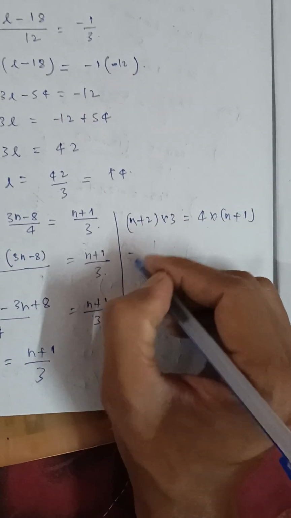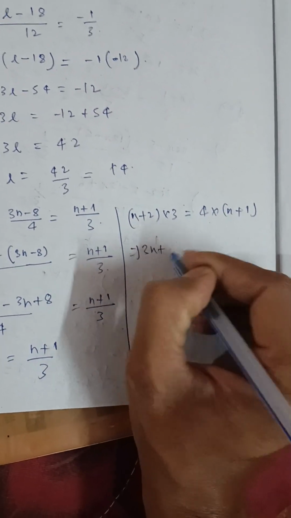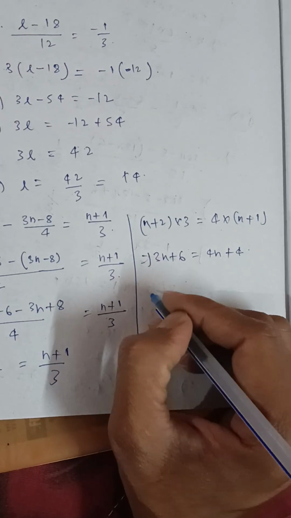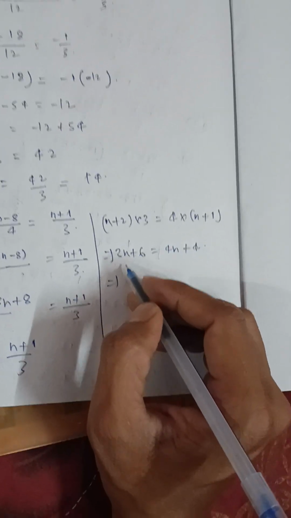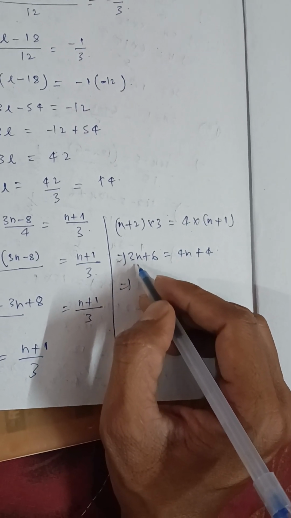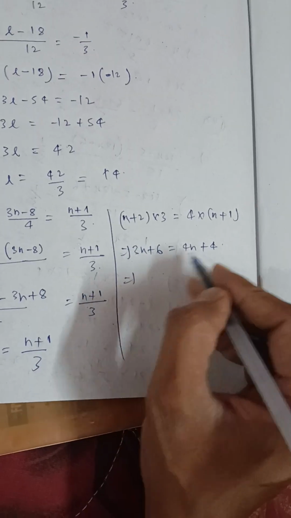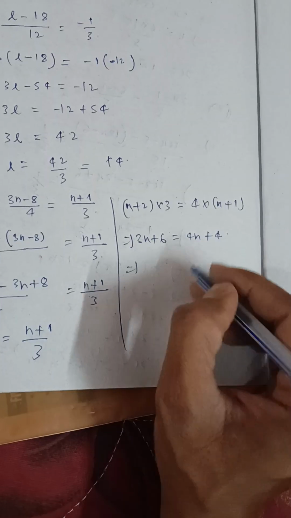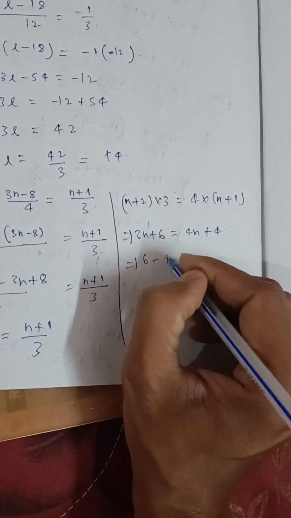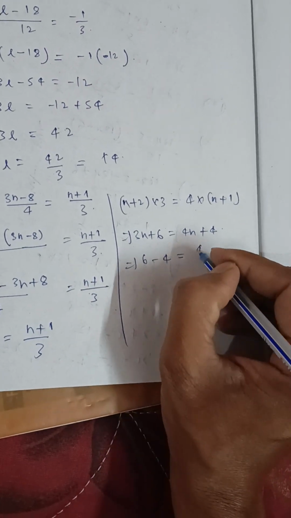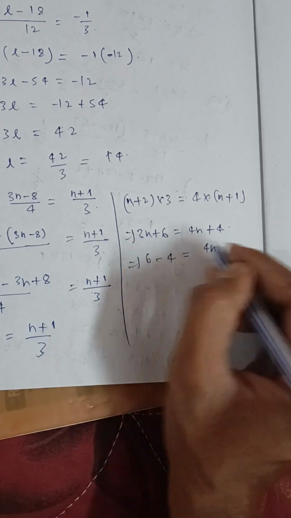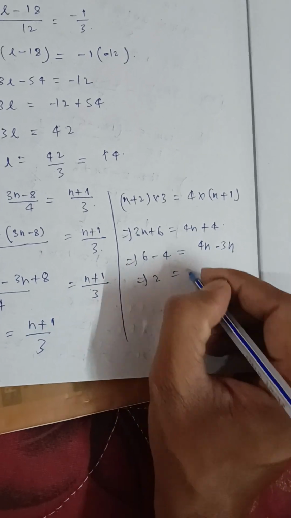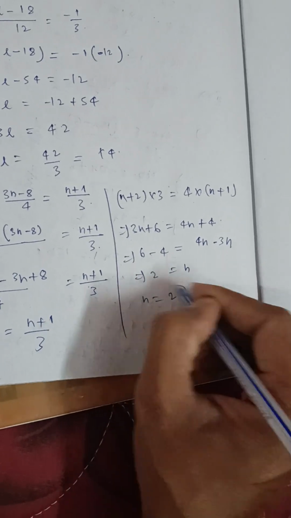So 3n plus 6 equals 4n plus 4, and here 3n is positive, so on the RHS it becomes minus 3n. So 6 minus 4 equals 4n minus 3n, so 2 equals n, n equals 2.